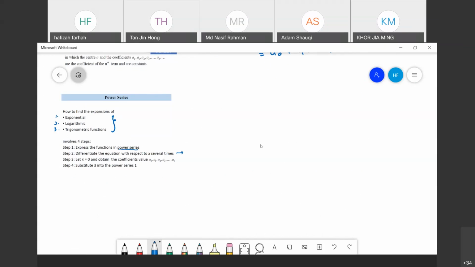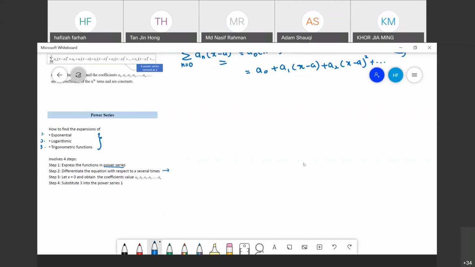So we will go through later. Then step 3 is you have to let x equals 0, and from there we can obtain the coefficient values of a naught, a1, a2, and so on. And the last one, from the values of the coefficients, we substitute back into step 1.